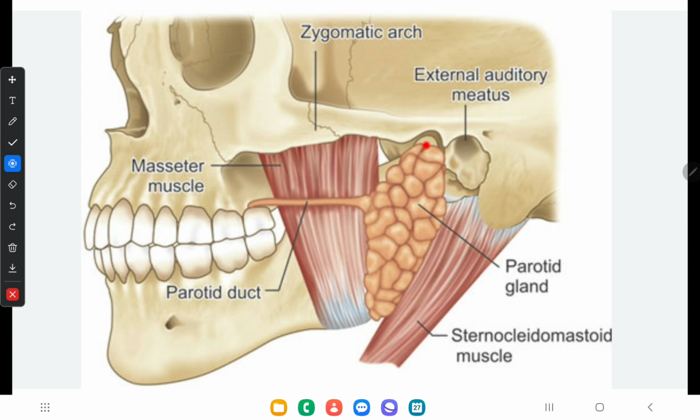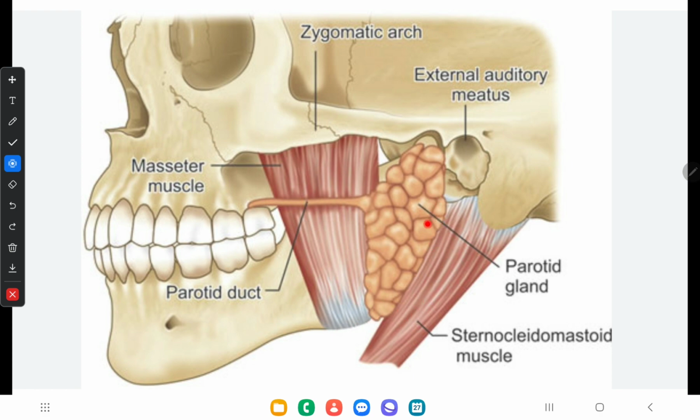You cannot see the ramus of the mandible because it is posterior to the parotid gland, and it extends between the external acoustic meatus here and above to just posterior inferior to the angle of mandible. Here is the angle of mandible in this area.